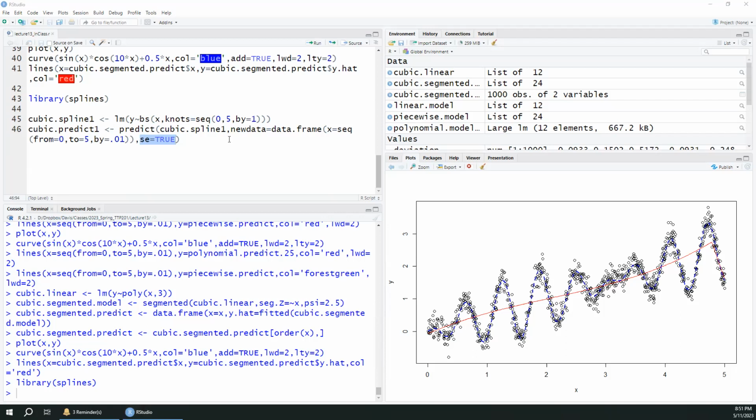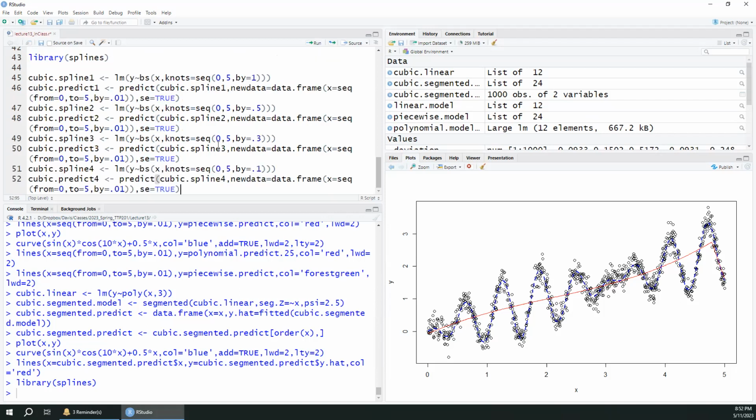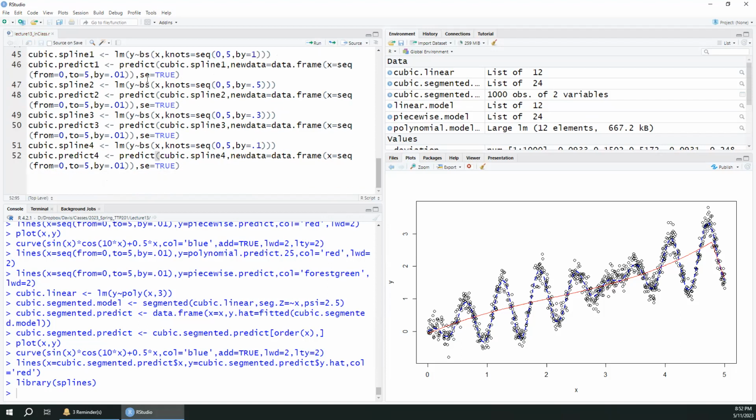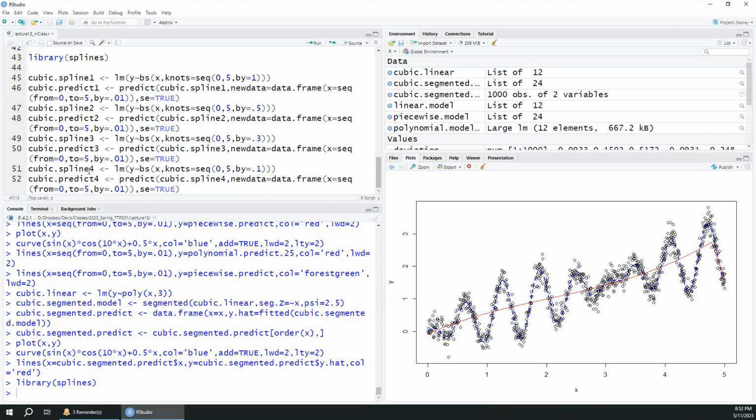And actually, what I would like to do here is add in, so I've copy and pasted from my code essentially exactly the same thing, but I'm running a couple models here. So cubic spline 1, 2, 3, 4. The only difference between these is that the knots that are getting sequenced across the data are increasing in frequency.